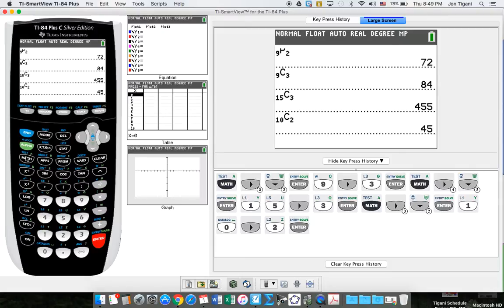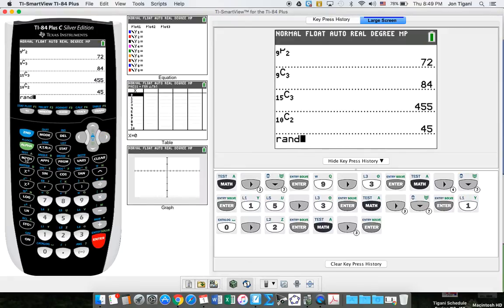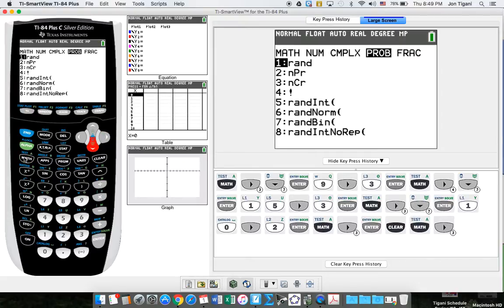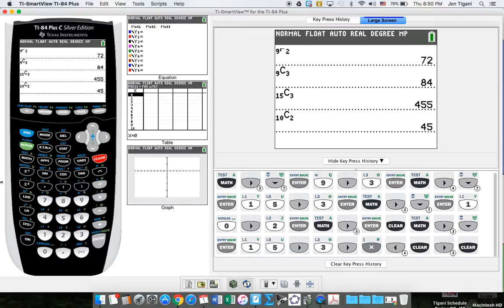We could also do that. We could take 15 choosing 3 times, oh boy, I messed up. What did I do wrong? I used permutation instead of combination. My bad.